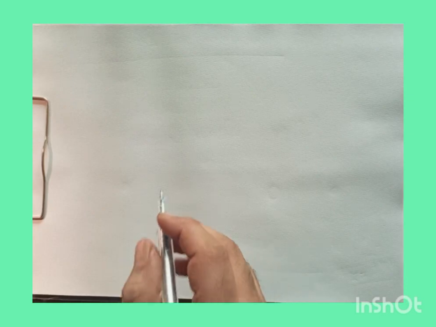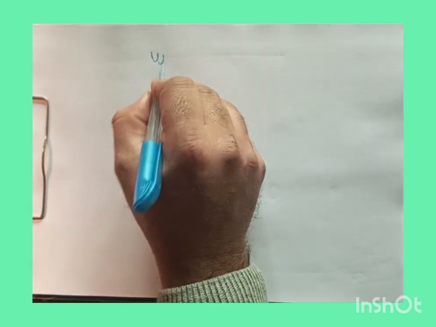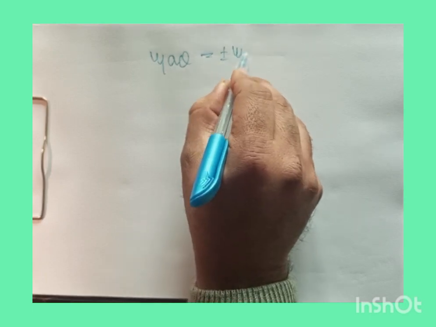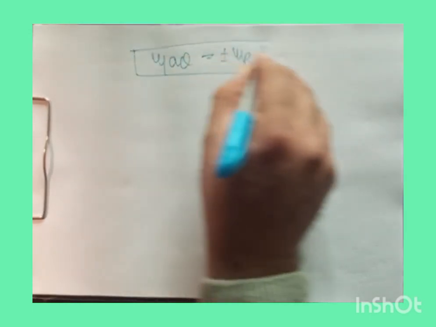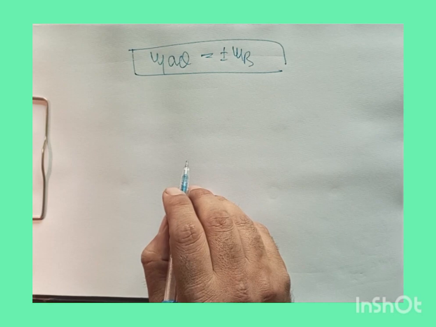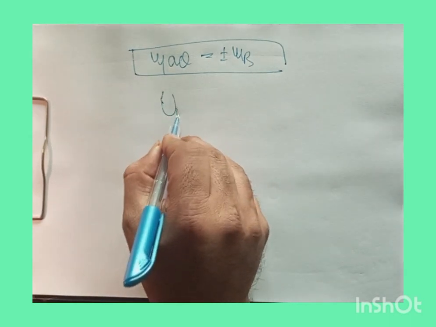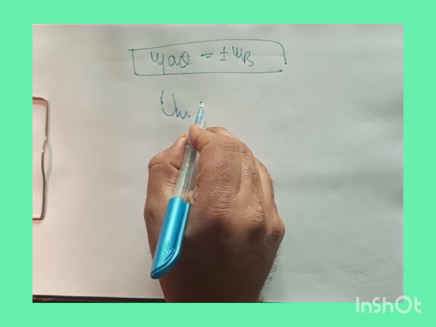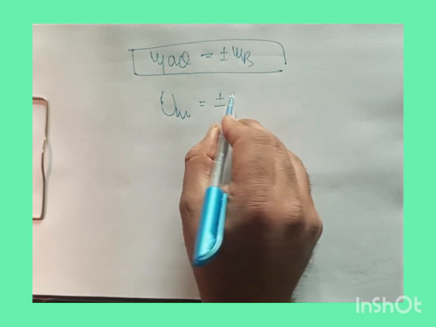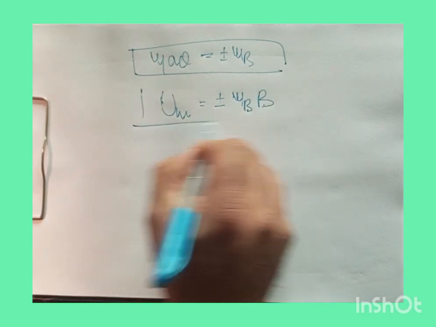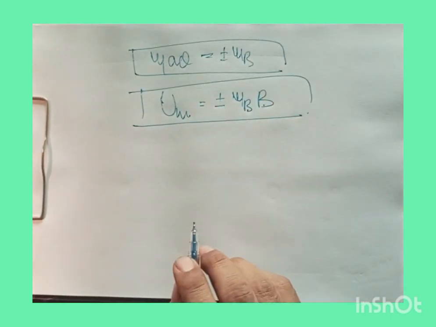So what we can say is that this mu cos theta is plus minus mu B. And the spin orbit coupling energy involved is plus minus mu B, having taken out the cosine component.